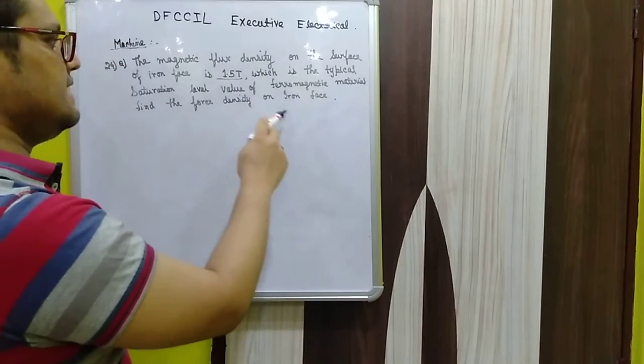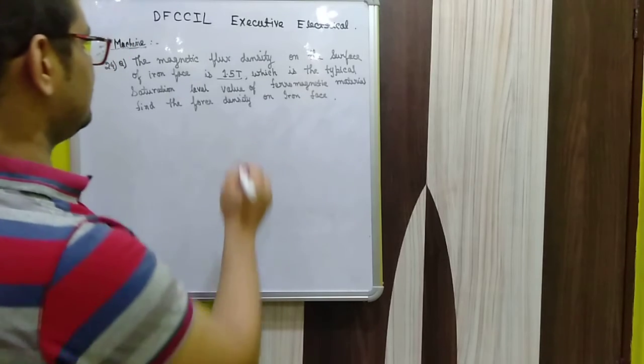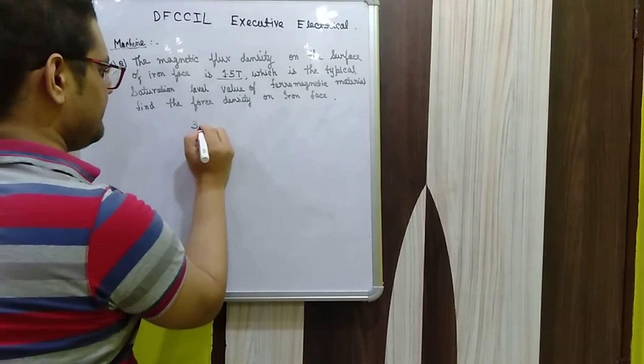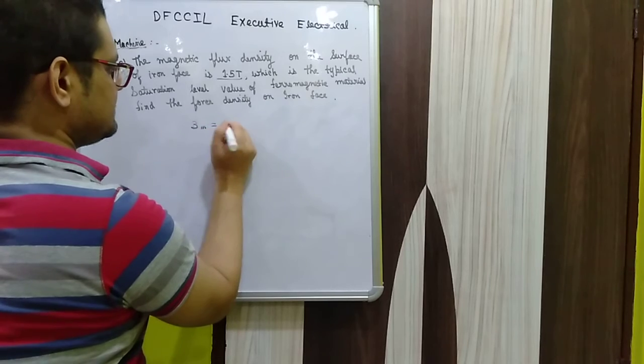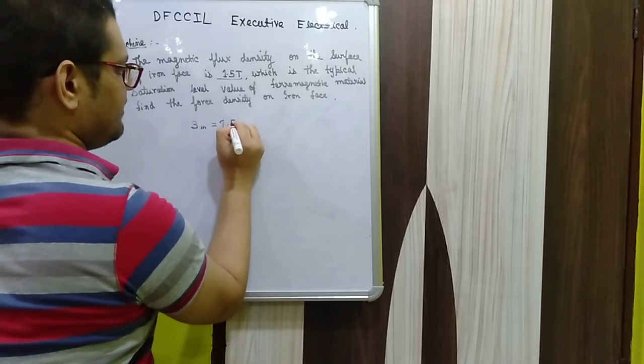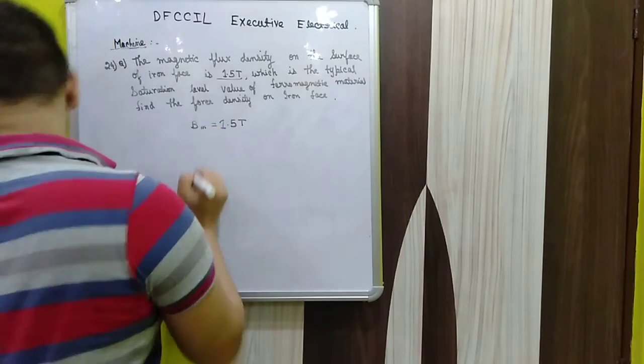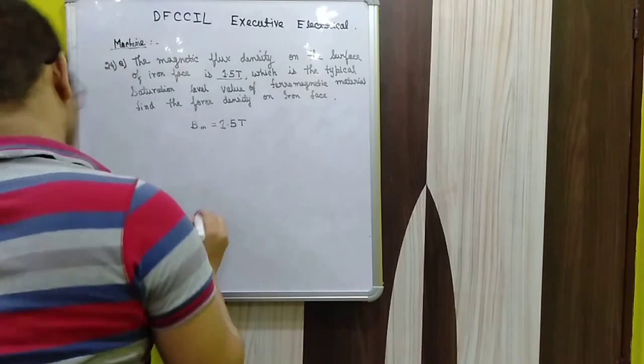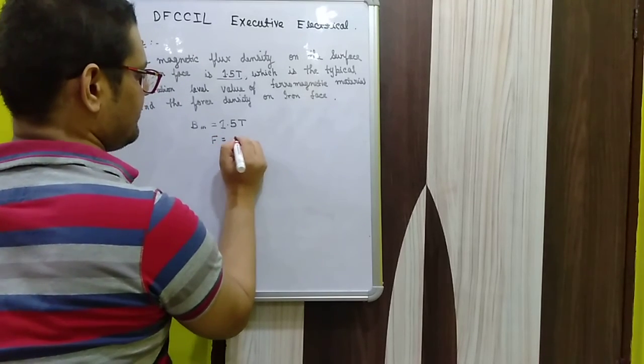So the magnetic flux density Bm is already given as 1.5 Tesla. Now we have to find the force.